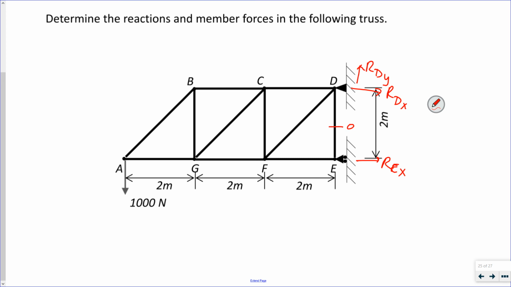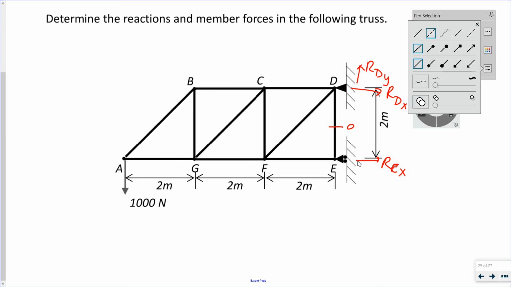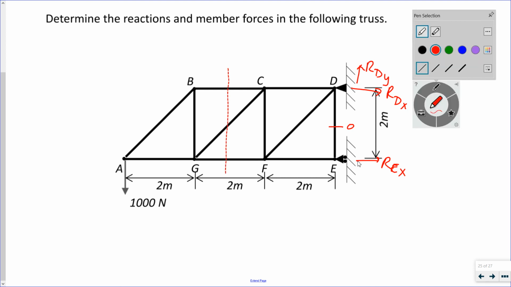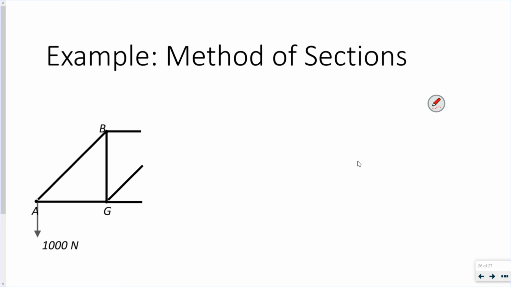So let's draw our little section right here. Going on to the next page. Going to look at this section first.